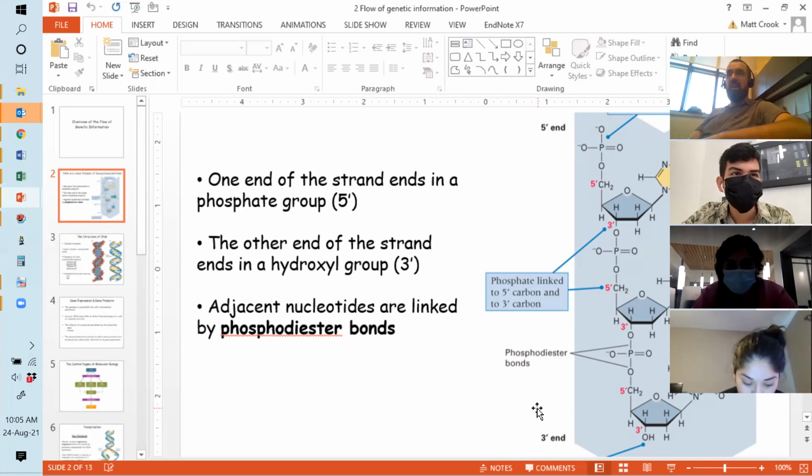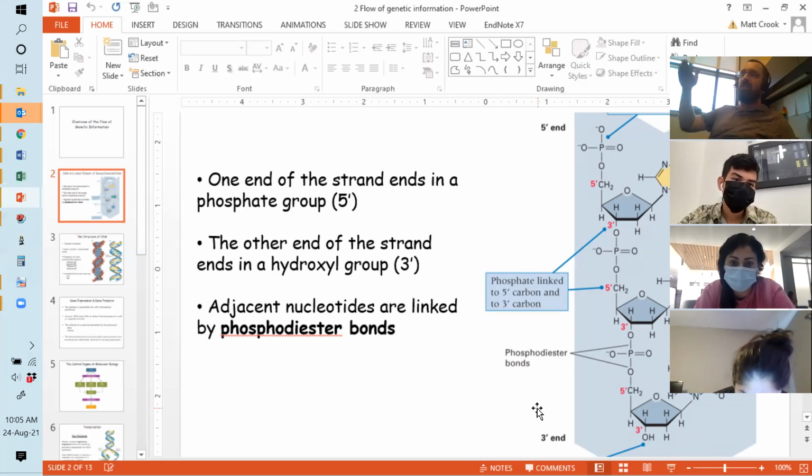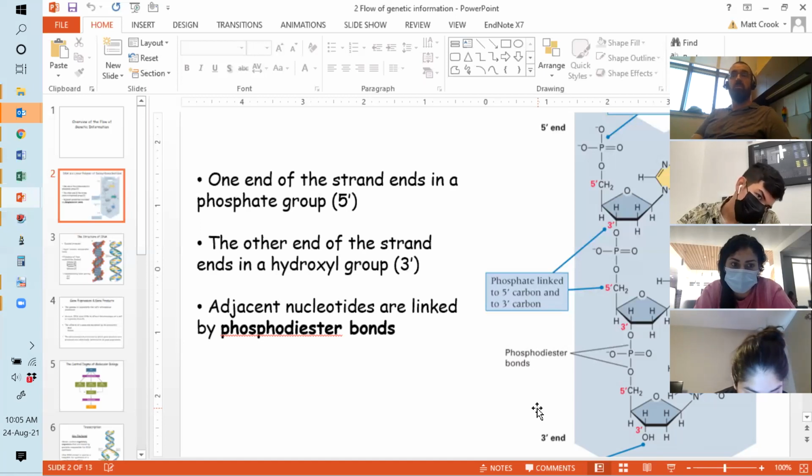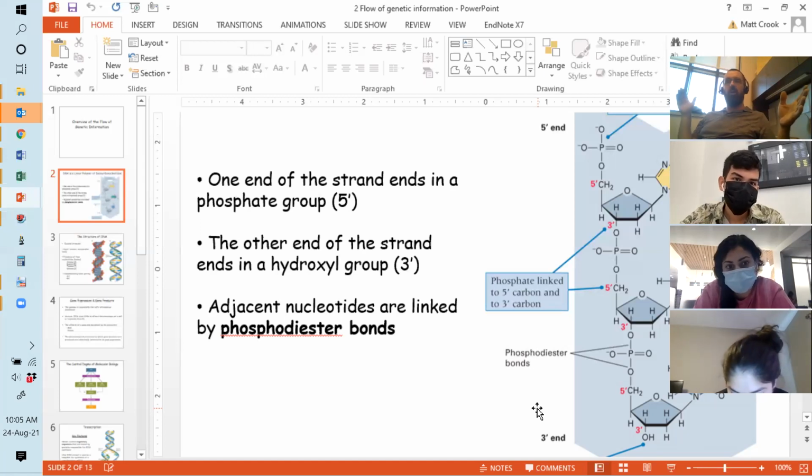But we can't have that happen because we have to make sure all the DNA is synthesized at the same time. So that causes other problems which have to be solved. This is why I like spending time on this intro stuff, because a lot of the more complex things that we'll be studying later on are founded on what we're learning now. So yeah, good questions. Thank you, Jesus.